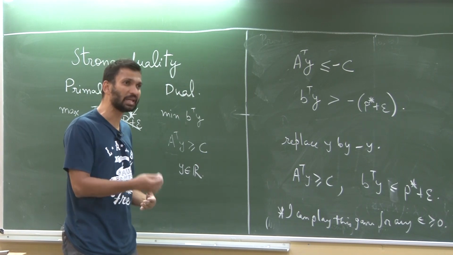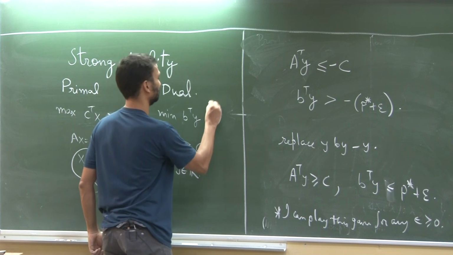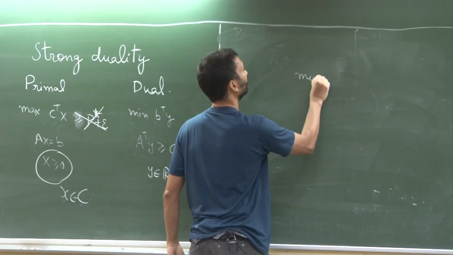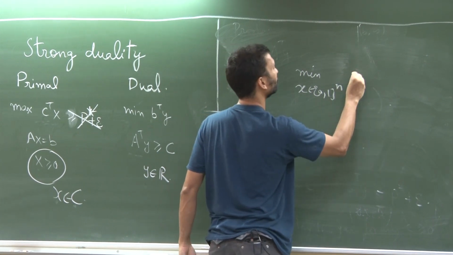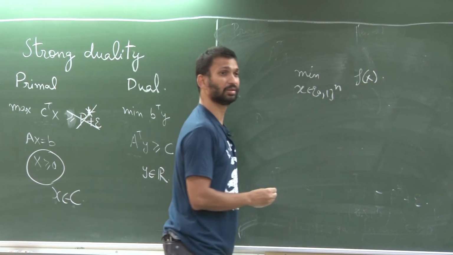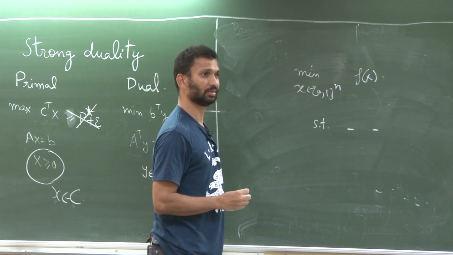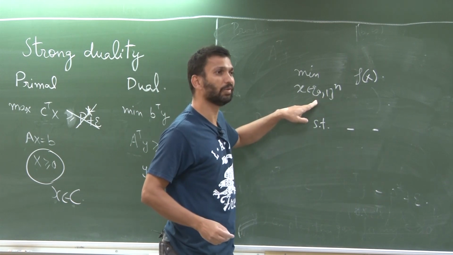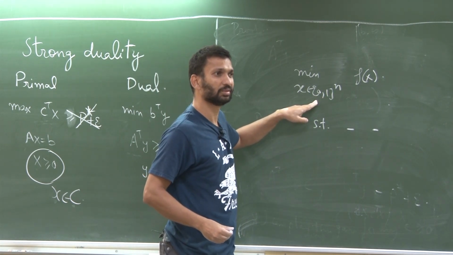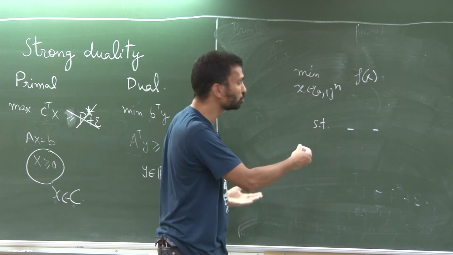Okay? Even in applications, sometimes it's helpful to say, let's say you have some function of x, right? And you have some constraints. So now this doesn't look like a single value which you are minimizing, right? Doesn't look like a linear program or the usual program.